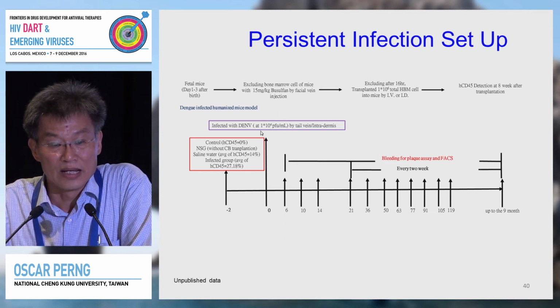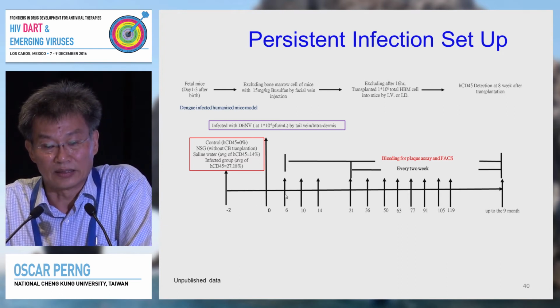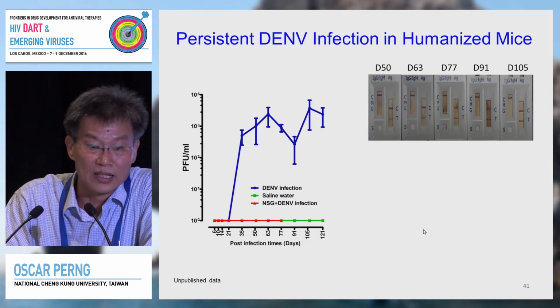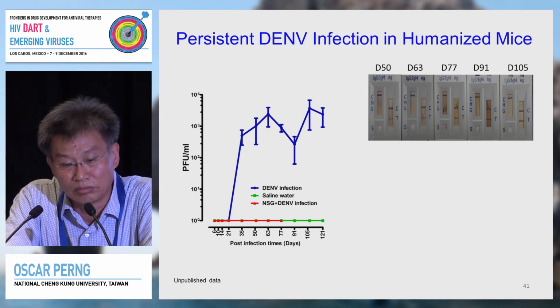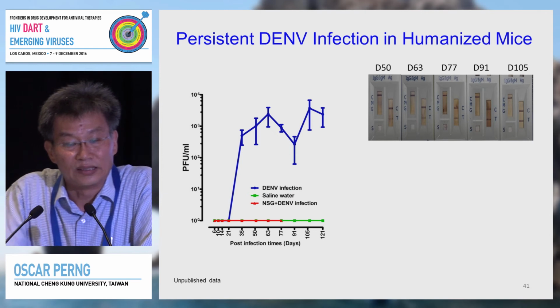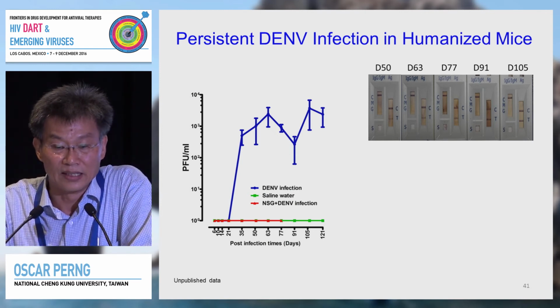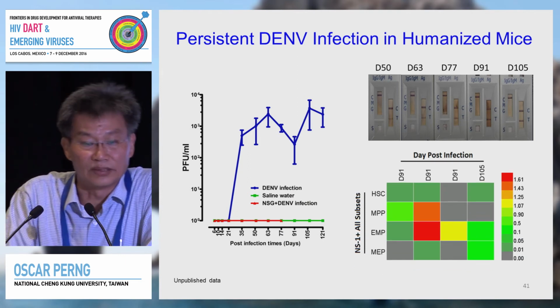After the humanized mice are established, we infect them, and during the acute phase, and then every 2 weeks, we bleed them. So here we go. The first result we see is persistence, up to 170 something days, no update for that. So you can see that the virus can persist for 100 something days, and the cell looks like an early megakaryocyte cell that carries the virus.